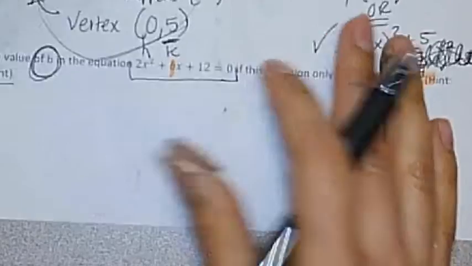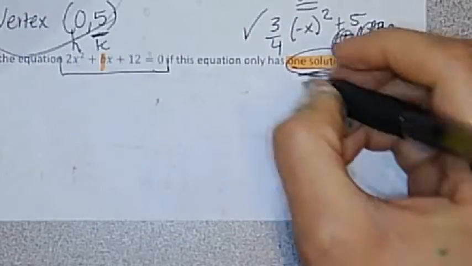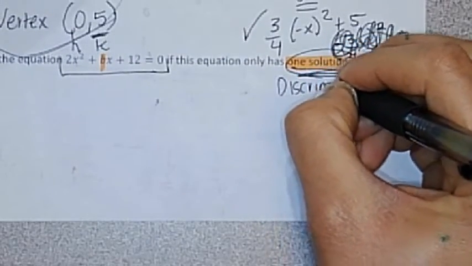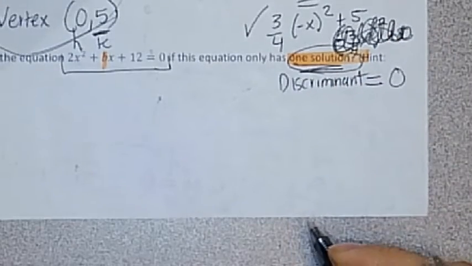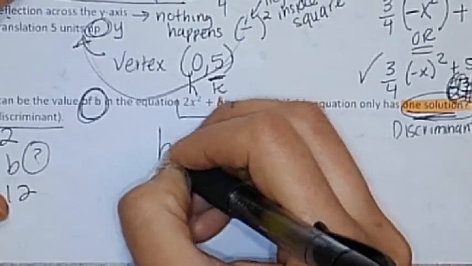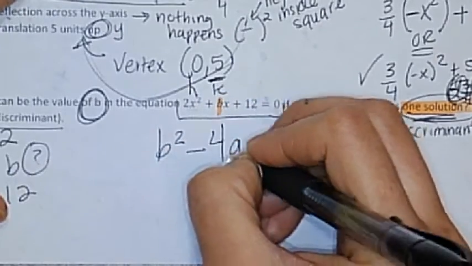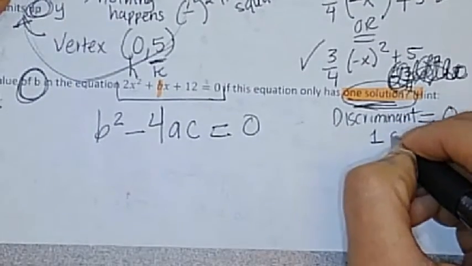So, over here, if it says one solution, that means discriminant has to equal 0. So, B squared minus 4AC must equal 0. There's one solution.